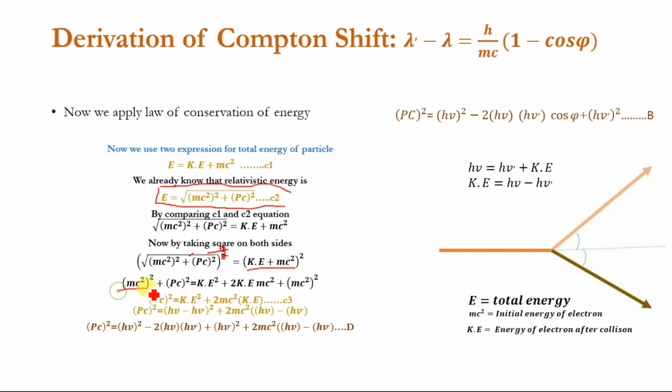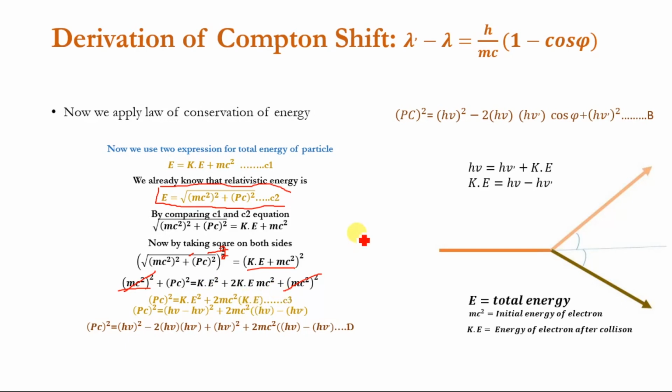Now this term cancels with this one, and the remaining terms are pc whole square is equal to kinetic energy whole square plus 2 mc square ke.